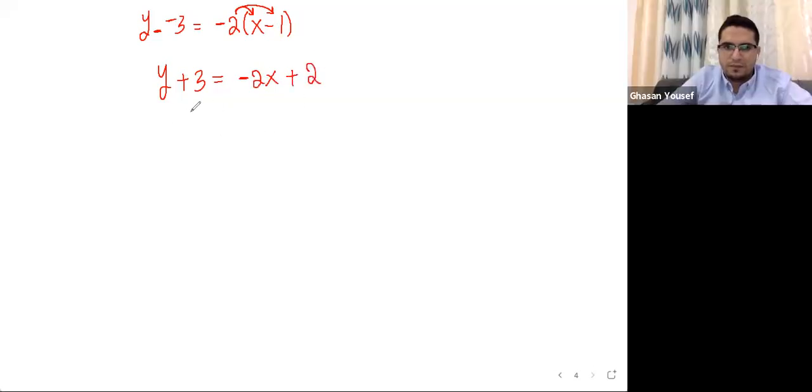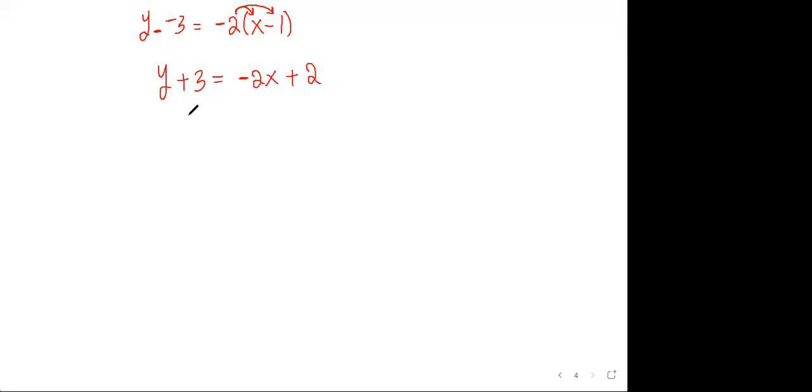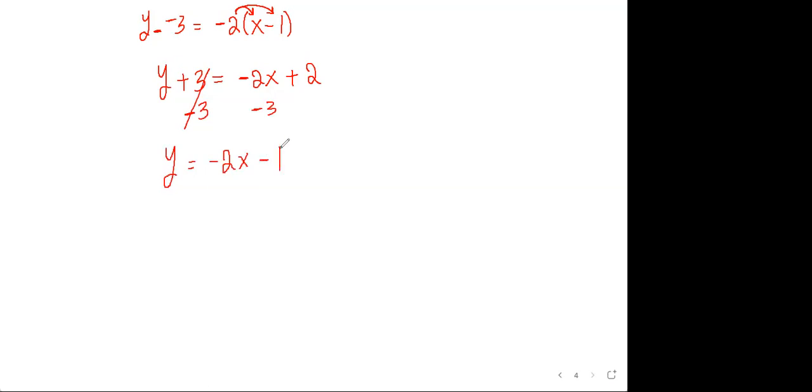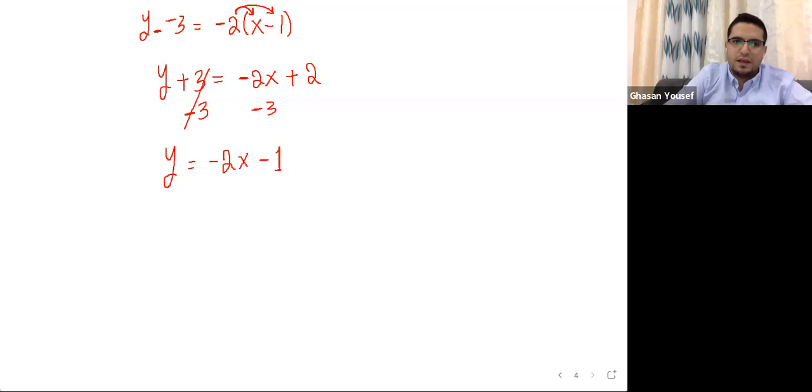Now, to get y by itself, subtract 3 on both sides. Exactly. When I subtract, this cancels out, and I get y equals -2x, 2 minus 3 is -1. Negative 1. This is correct. So this is the equation of the line.